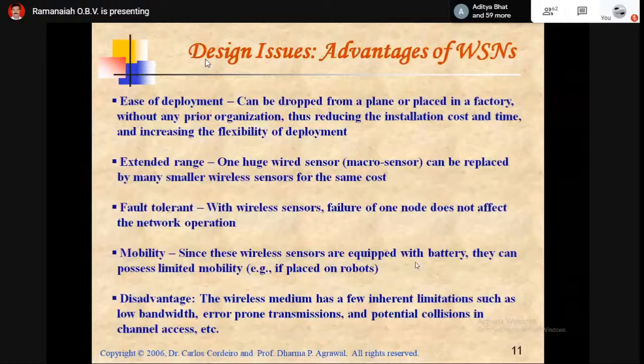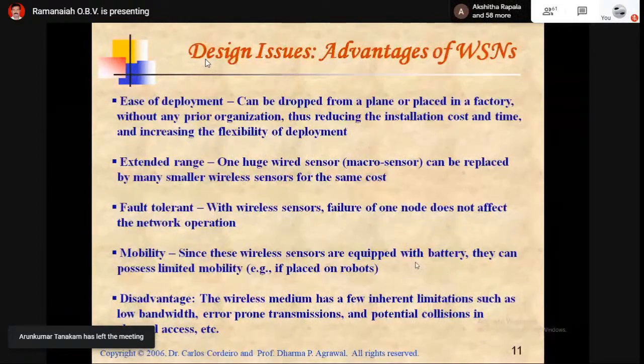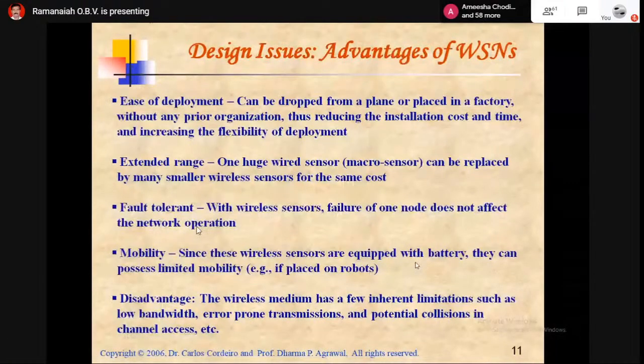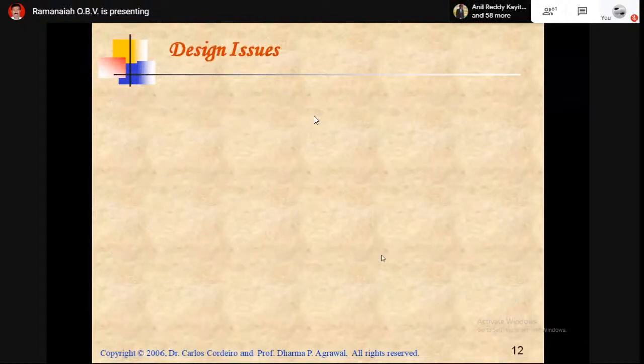And because the same medium is used by more sensor nodes, there is a possibility of potential collisions while channel arbitration, when gaining the channel. So these are the disadvantages, right?